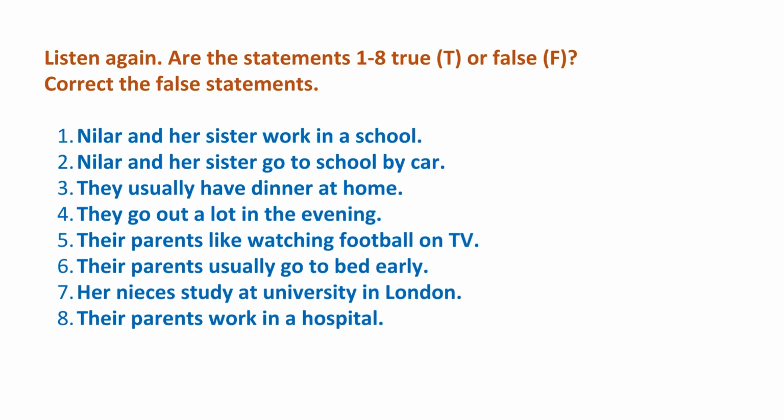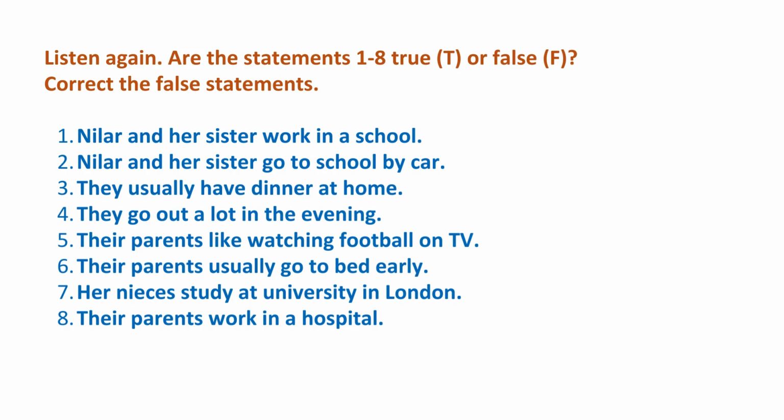My name's Nila May Lin and I live in Bamor in Myanmar. It's a small town with about 50,000 people. I live in a big house with my parents and my sister. My sister and I work at Churton Private High School. I get up at 6 o'clock every day and I have breakfast at about 7:30. My sister and I usually go to work by motorbike. We don't usually have dinner at home. We go out a lot in the evenings.